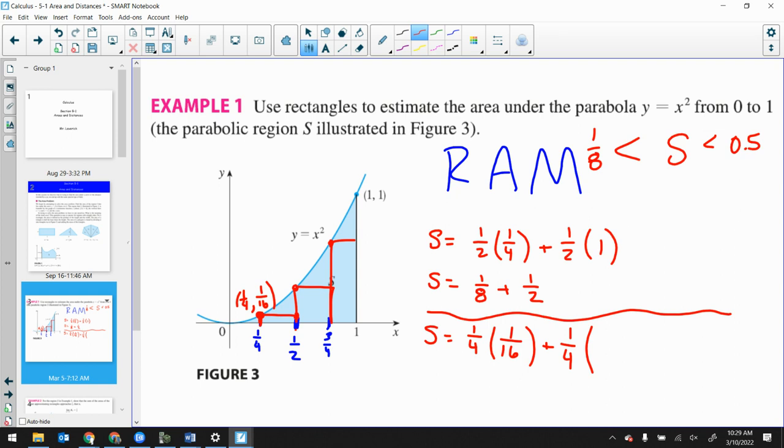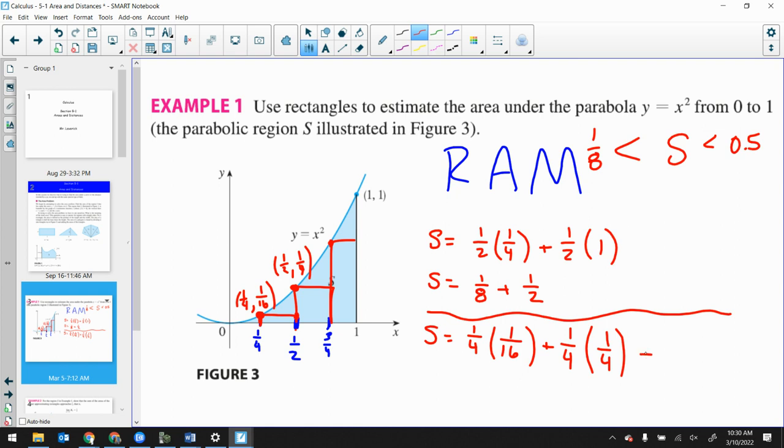Now, what's my height? Think about this. What's the x value? 1/2. We just did this point. 1/2 comma 1/4, right? We just did that coordinate in there. So this is actually 1/4, this distance here, times 1/4.